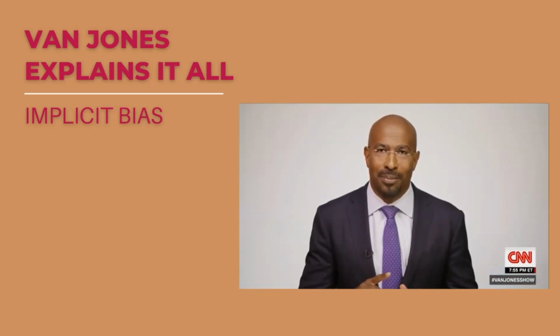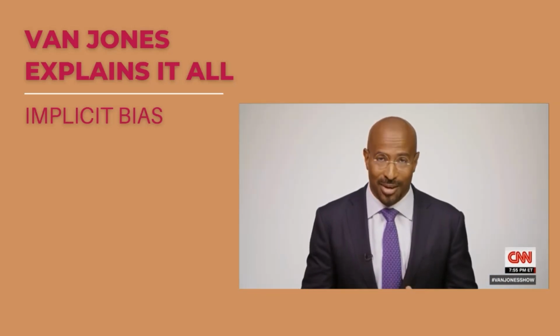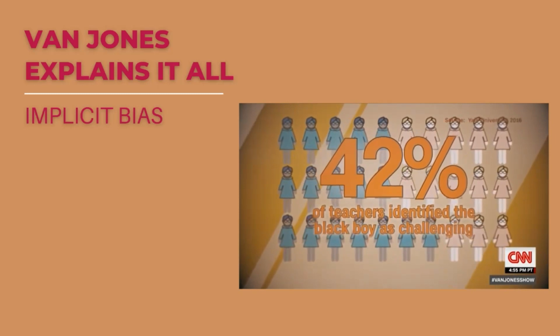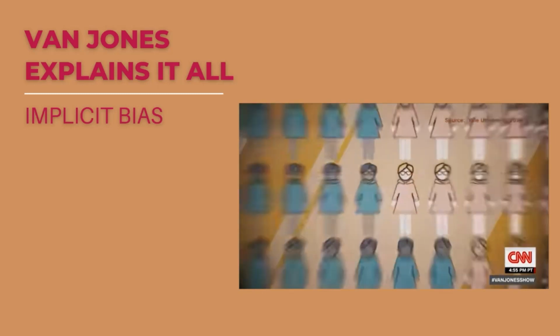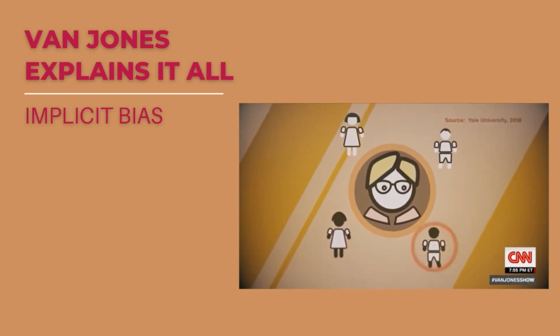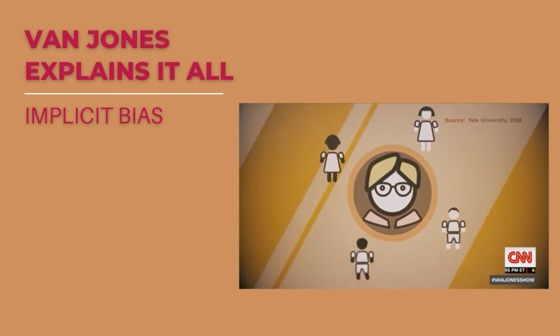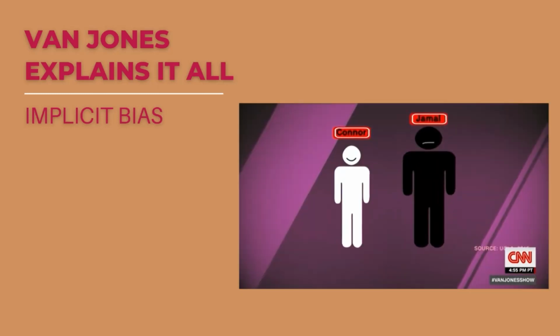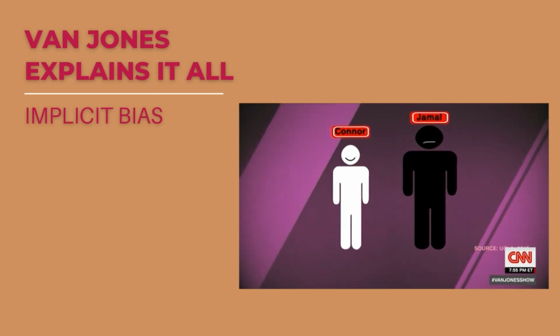There was no bad behavior in any video. And yet, 42% of teachers identified the black boy as the child who was the most challenging. Researchers found that teachers' eye movements actually followed the black boys in the video the most closely. Another study finds that having a stereotypically black-sounding name makes people imagine someone bigger and more violent.